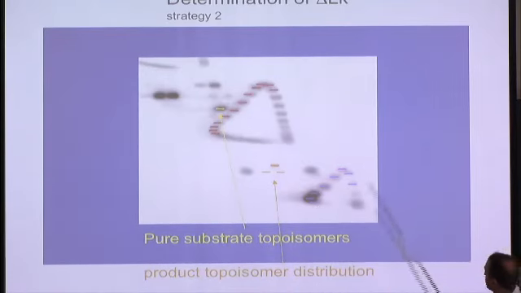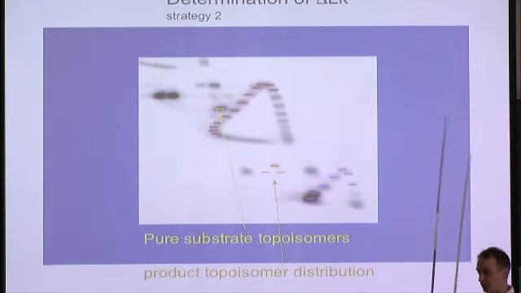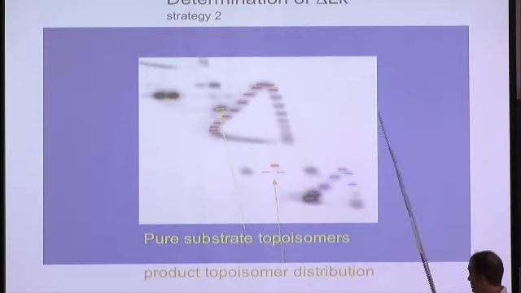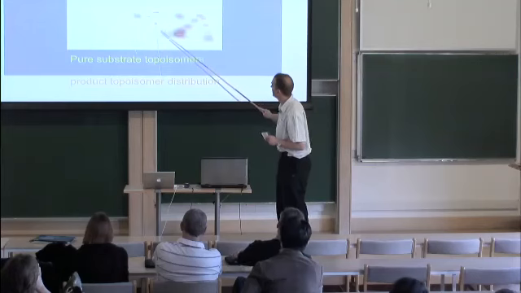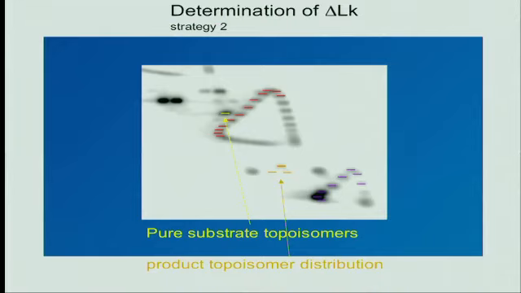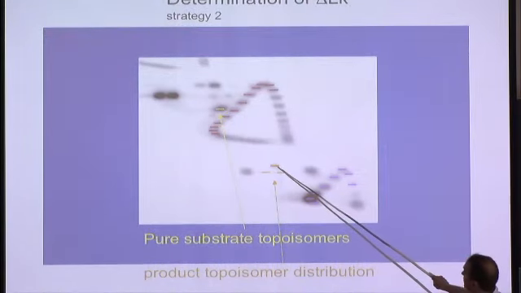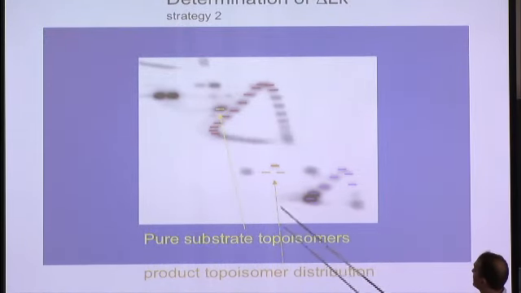And the products we get are, so there's not actually this time a single product. We get a distribution of products with different amounts of supercoiling, and they are over here. We would expect this to be roughly a Gaussian distribution. I'll show you the original gel in a minute so you can see how accurate you think my annotations are.